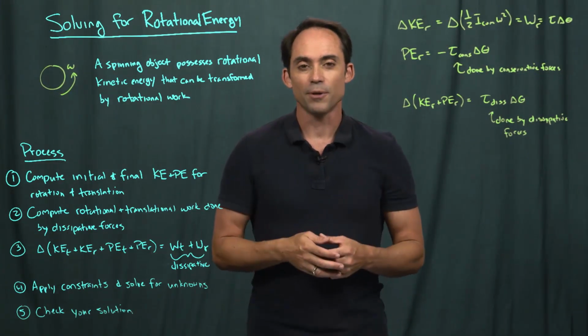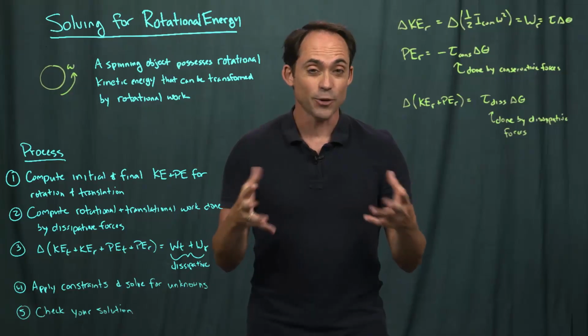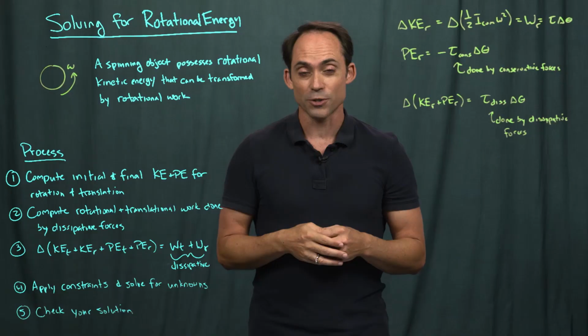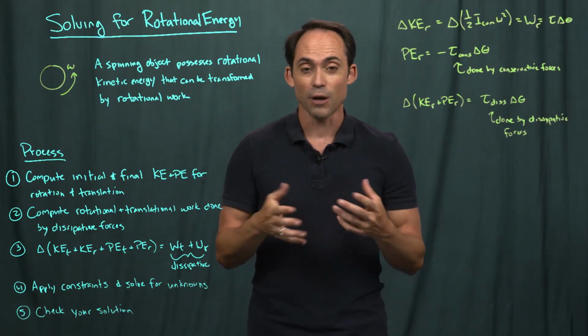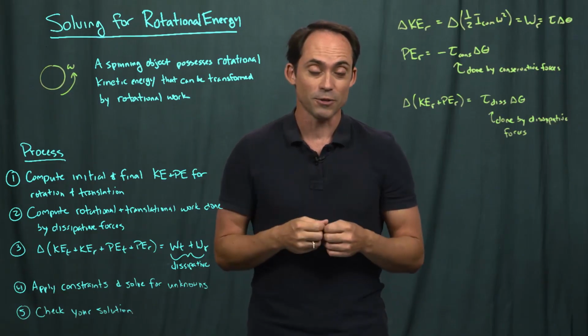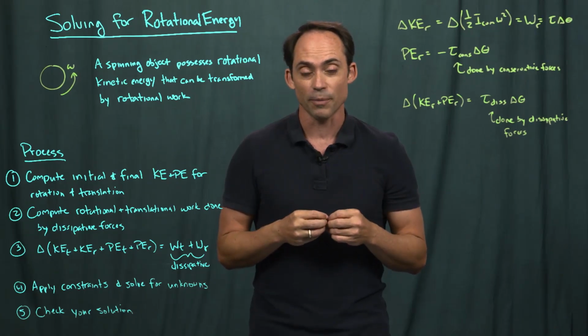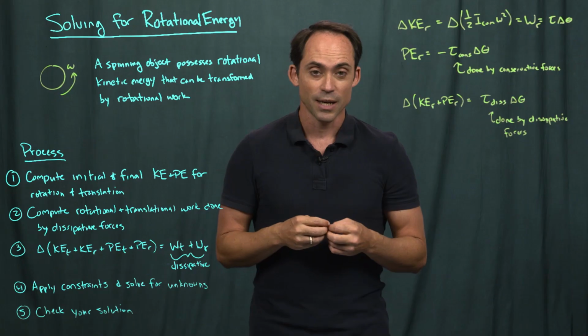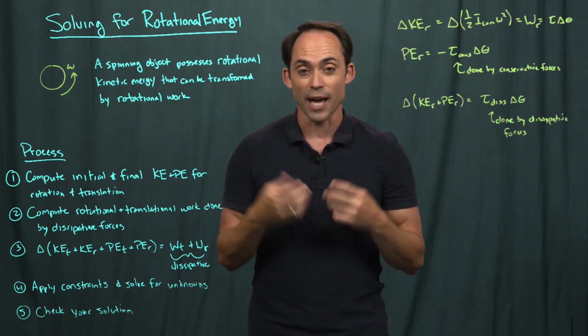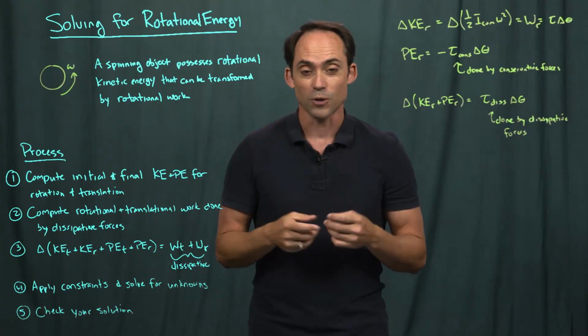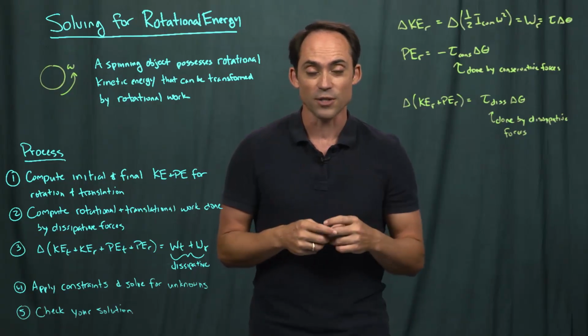So we've seen some examples of applying rotational and translational motion to a problem. And as we've seen before with just translational energy, some problems lend themselves to being solved from an energy perspective much more easily than from, say, a kinematics perspective. But there are also cases where kinematics may actually be easier, for example, in shooting a cue ball and looking at the motion of the cue ball after it's slid across the table.